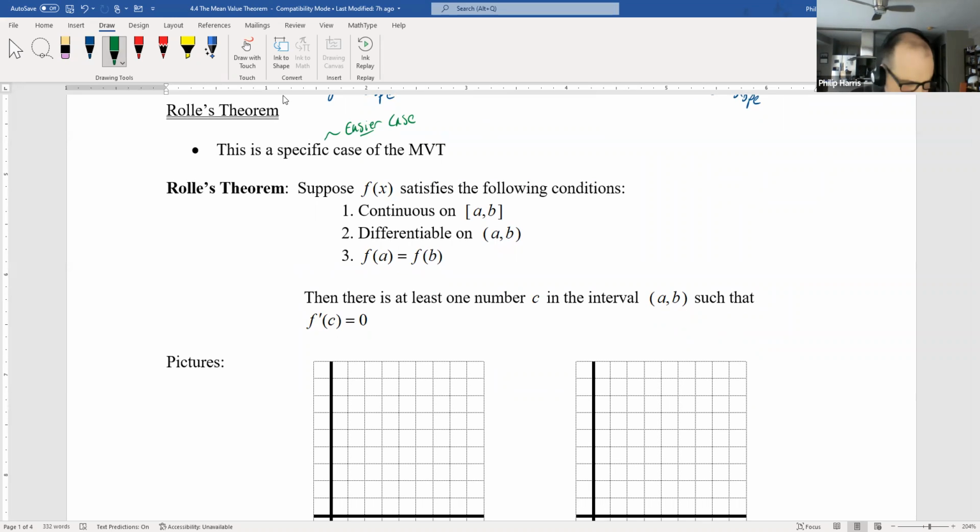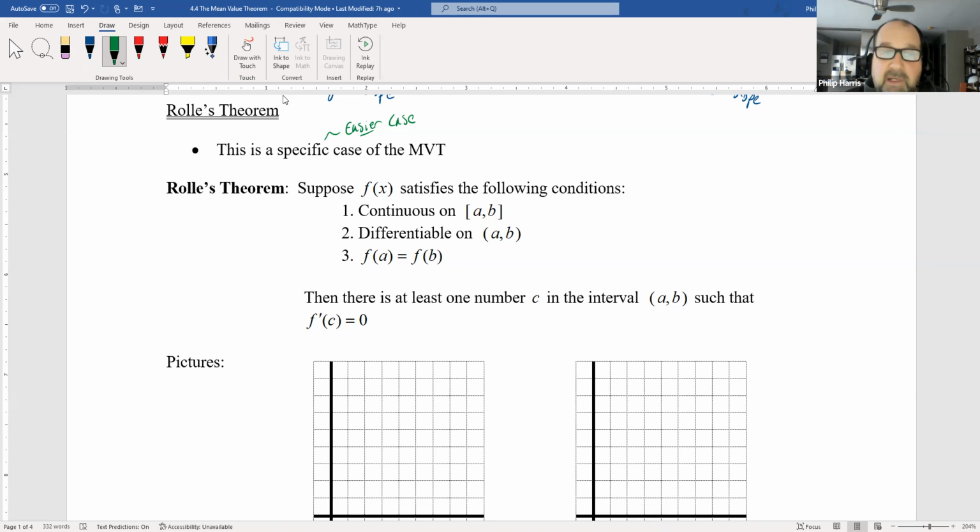So Rolle's theorem is kind of like a mean value theorem light. It's an easier starting point. And in a more technical sense, the way the mean value theorem is proven in mathematics is you start with Rolle's theorem. Rolle's theorem is a simpler theorem and easier to prove. And then Rolle's theorem is used to prove the full-blown mean value theorem.